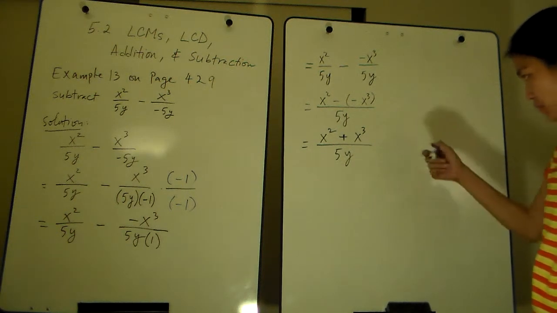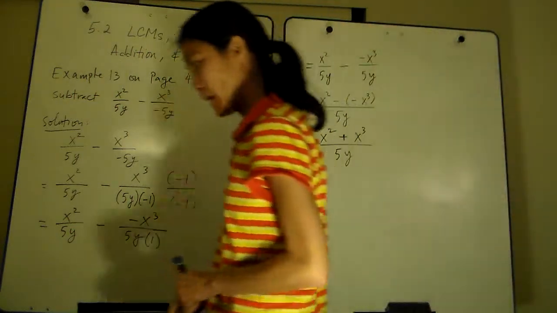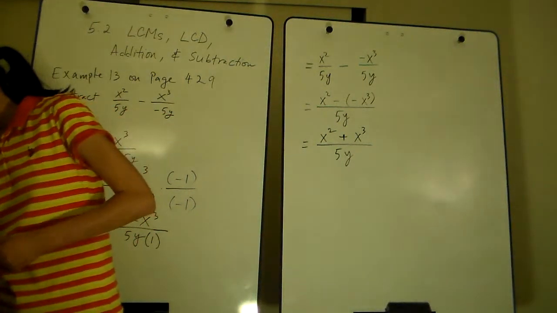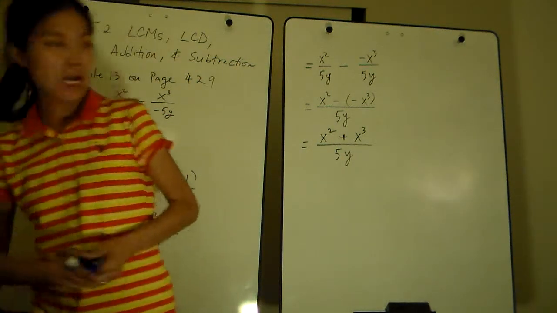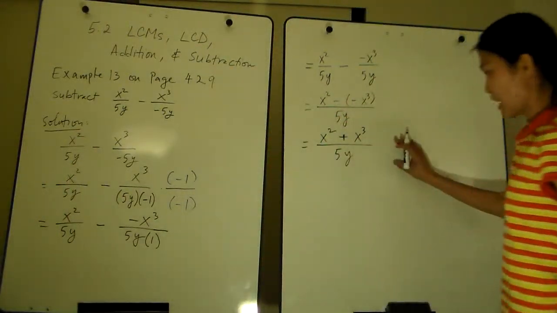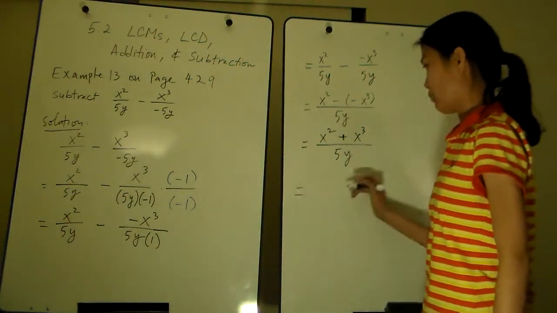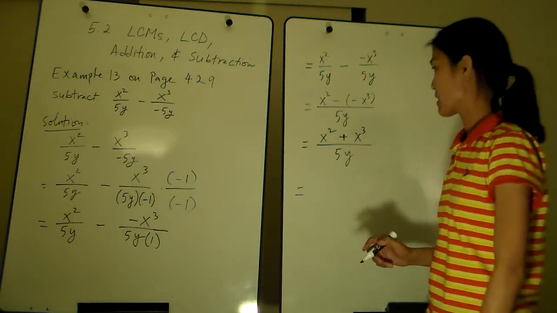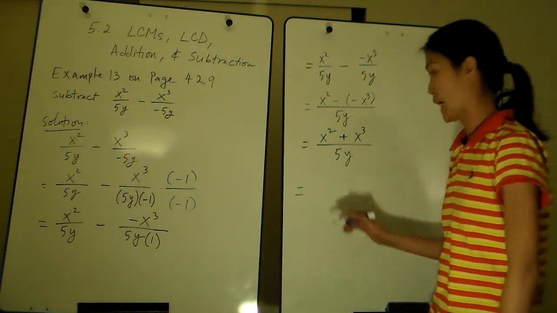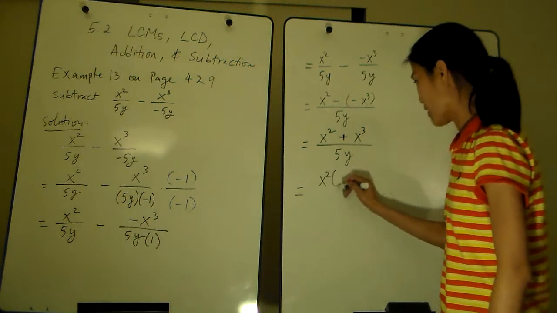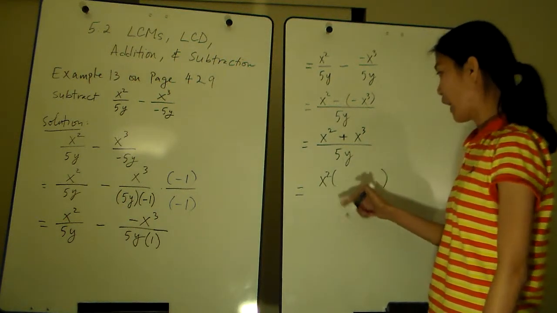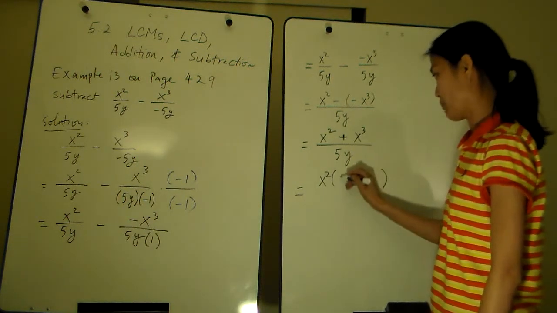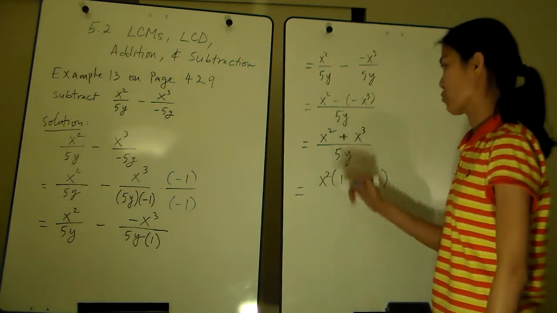You can stop here, or I believe in the textbook they go on, so they accept either this answer or this answer as well, because x squared and x to the third have a common factor of x squared. You can factor out the x squared. So x squared times what is x squared? Got to be 1, right? x squared times 1 is x squared.